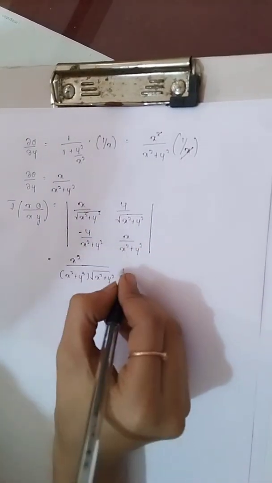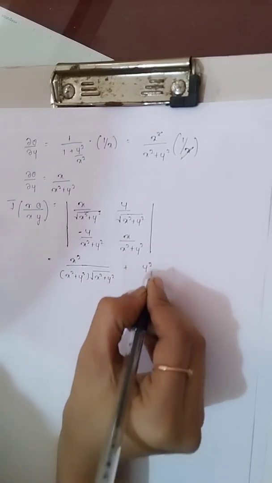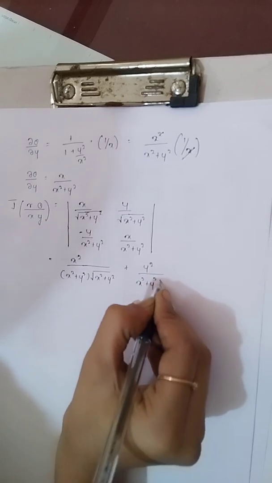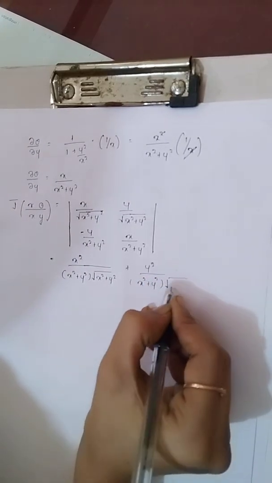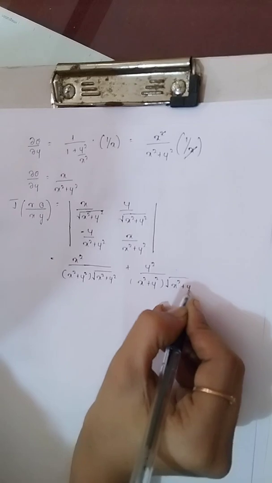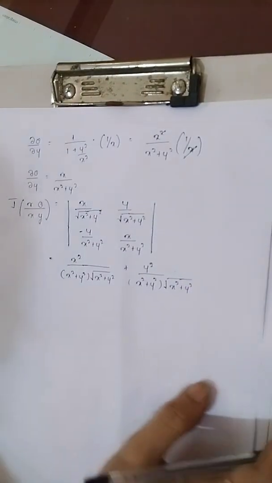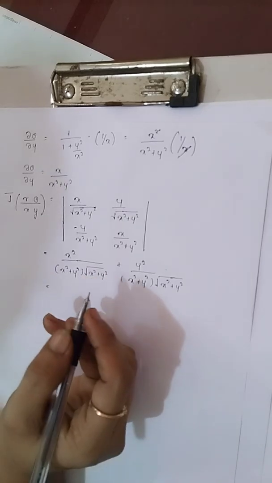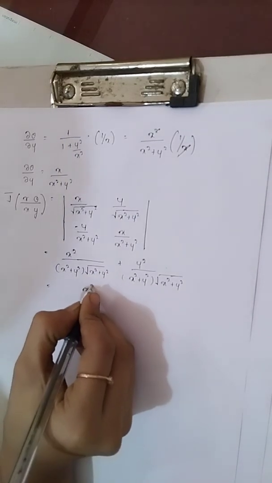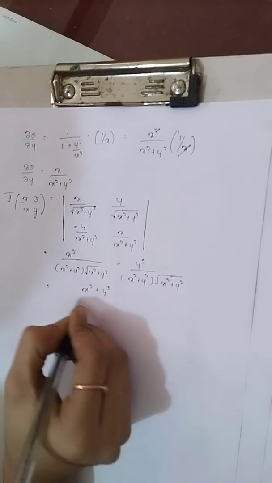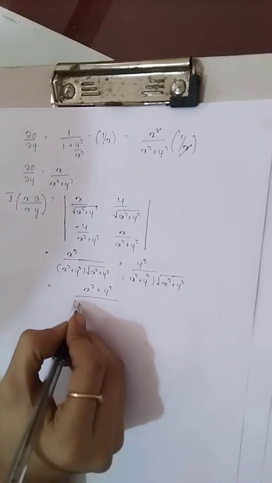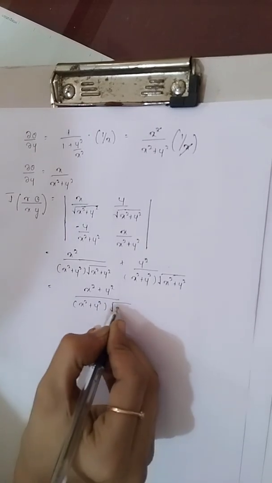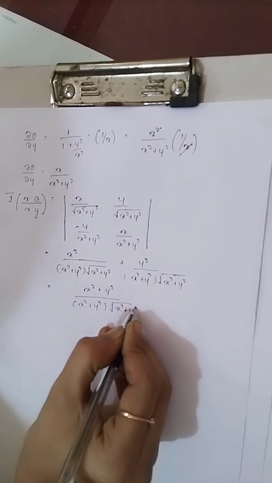Minus of minus becomes plus, so y into y, that is y square. Again it is x square plus y square into square root of x square plus y square. So LCM is x square plus y square into square root of x square plus y square. So the numerator becomes x square plus y square whole divided by x square plus y square into square root of x square plus y square.